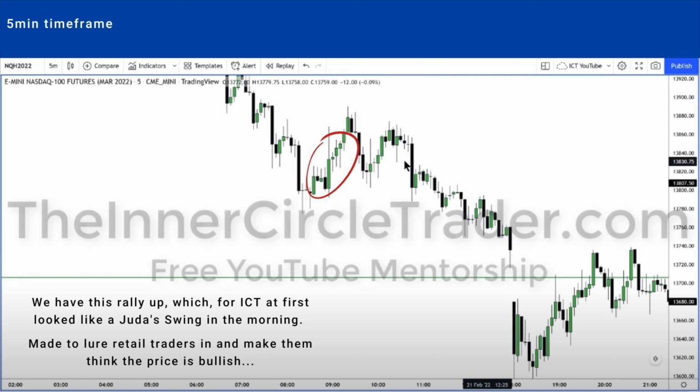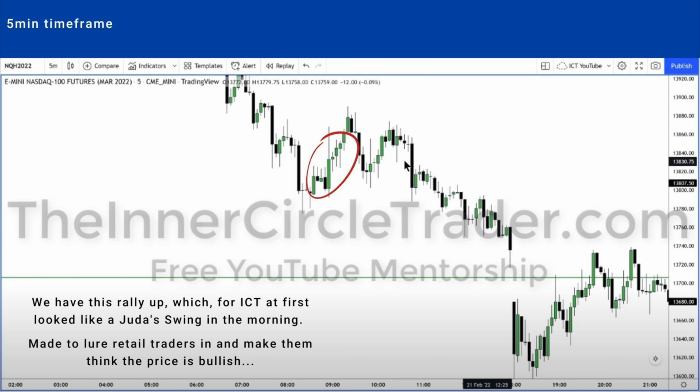Remember, we are expecting the market and the price to go down, so we are not bullish, we are bearish for that day. It would make sense that this is a Judas swing because Judas swings are made to lure in retail traders and to make them think that the price is gonna go up, that the price is gonna be bullish. And that's the moment when they enter the market, and then the market goes exactly in the opposite direction.